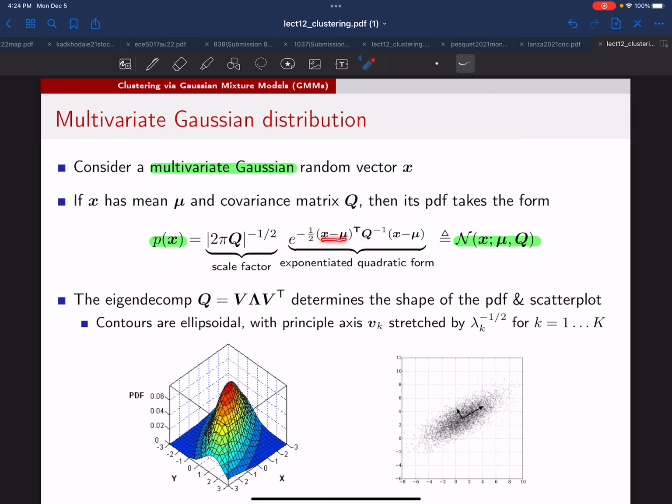We have x minus mu transpose, x minus mu here, and then in the middle we have the inverse covariance matrix. And we need the entire PDF to integrate to 1, so we have to apply this scale factor, and then that gives us a valid PDF. The scale factor is the determinant of 2 pi times Q raised to the power minus 1/2.